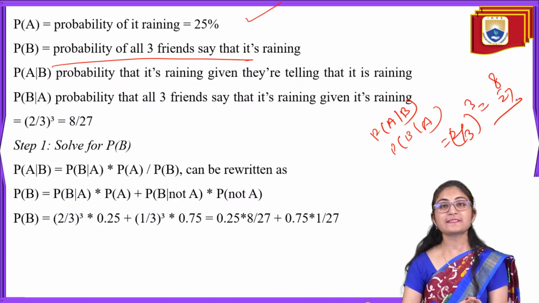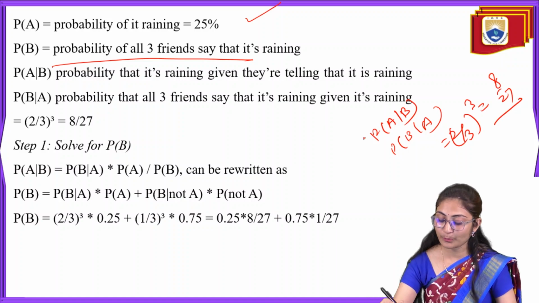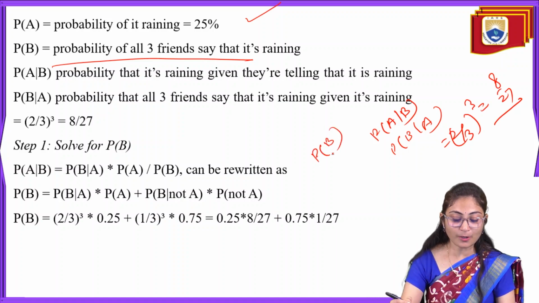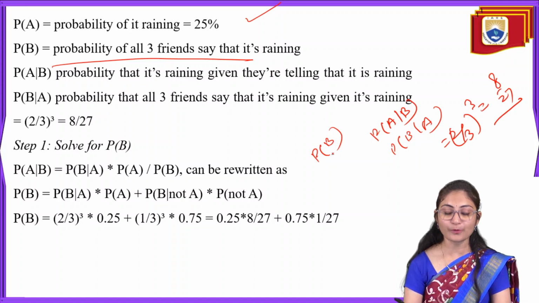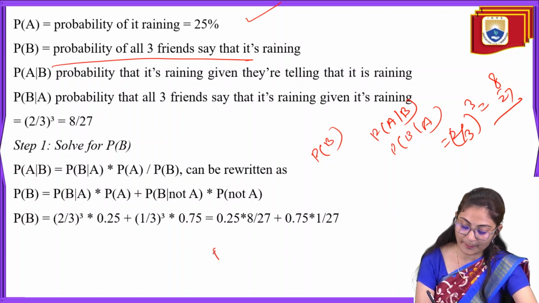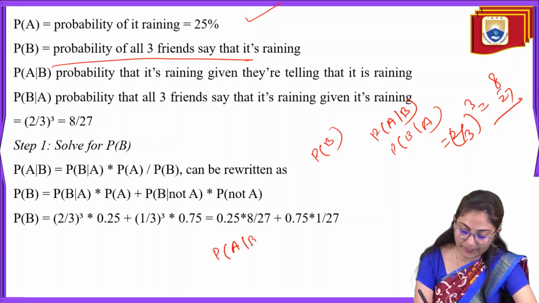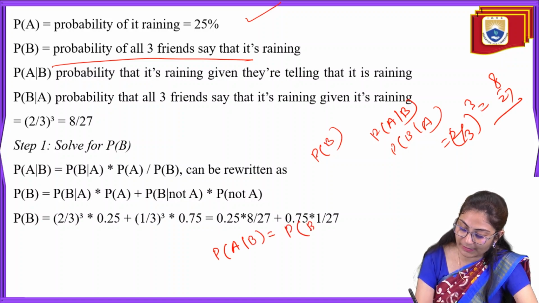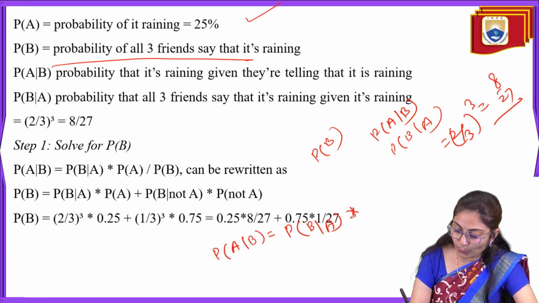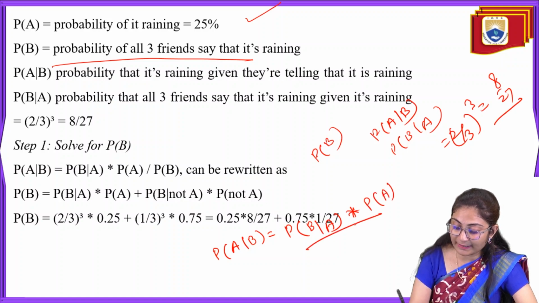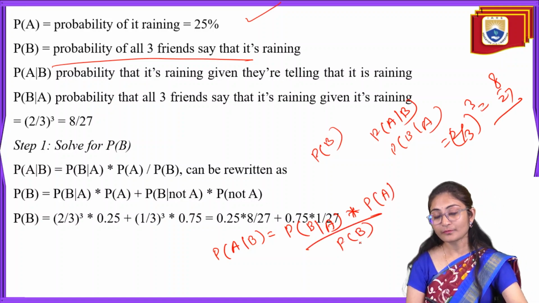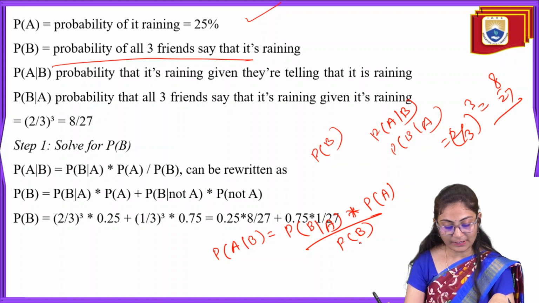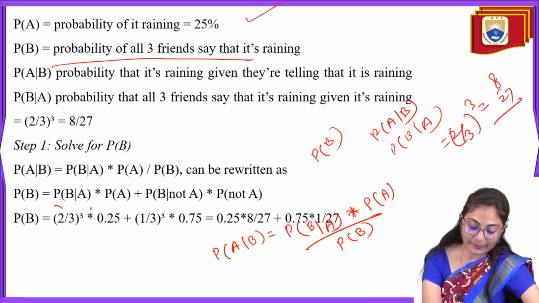So the first step is that you have to find the probability of B. For that you have to use the formula: P(A given B) is equal to P(B given A) into P(A), divided by P(B).